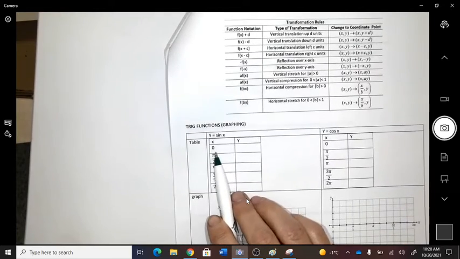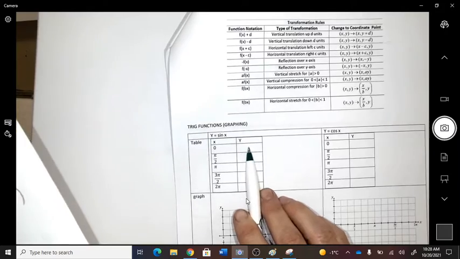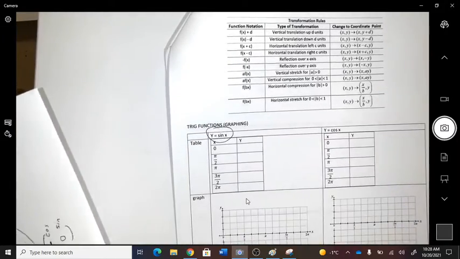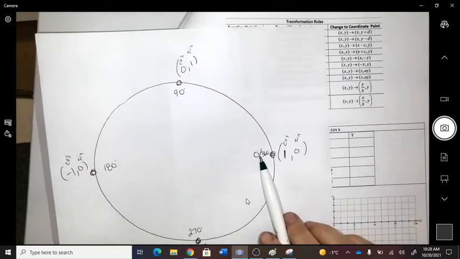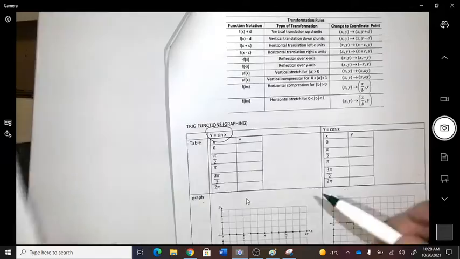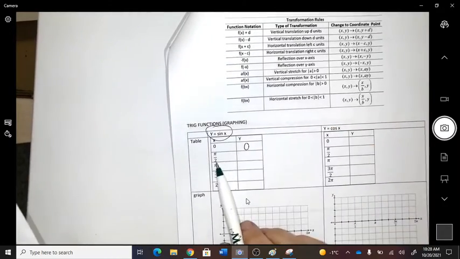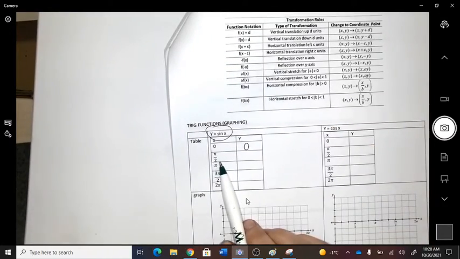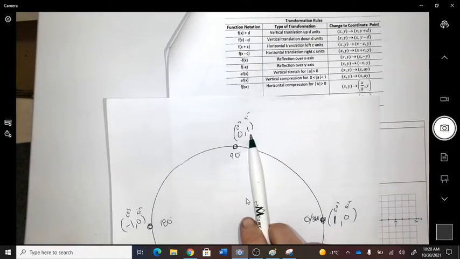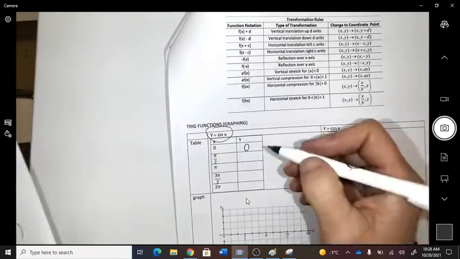If my angle is 0 degrees, what's the sine value? I'm going to do sine first. At 0 degrees, at this position, the sine is 0. At 90 degrees, the sine is 1.